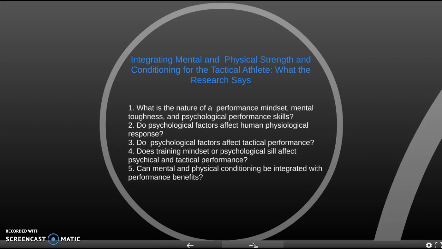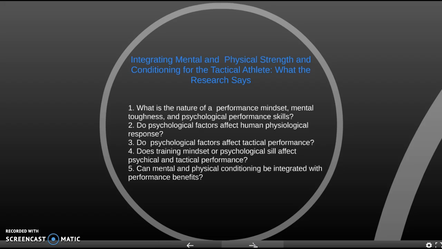I've seen it work with myself and others, that your mind's your best weapon. So I wanted to look and see if I can find anything with tactical athletes and any type of mental training, and see if there's any type of reverberations into the physical training.